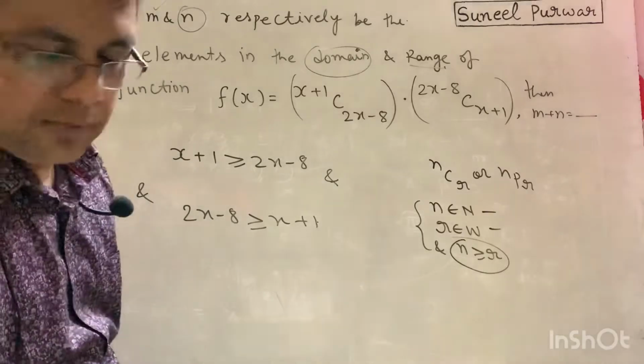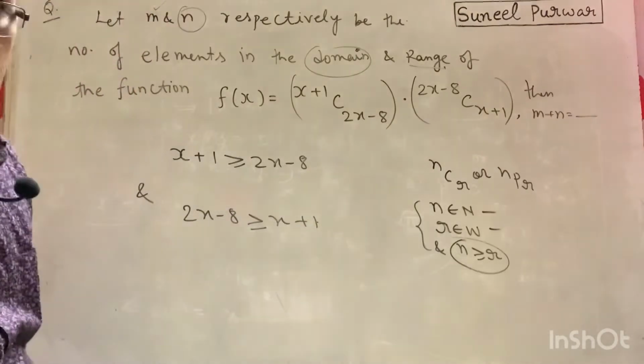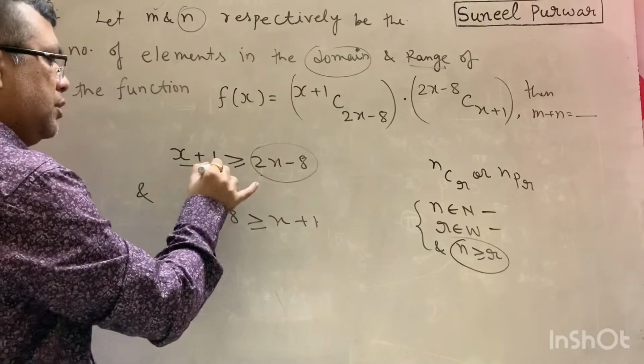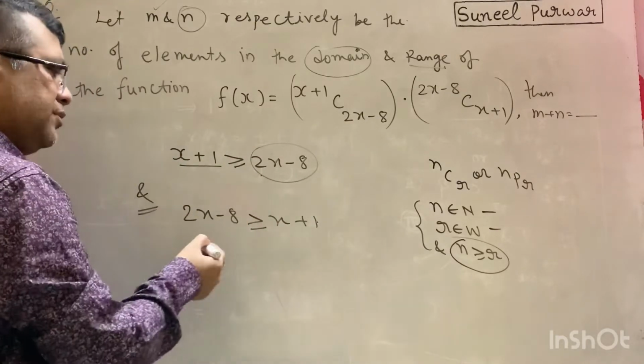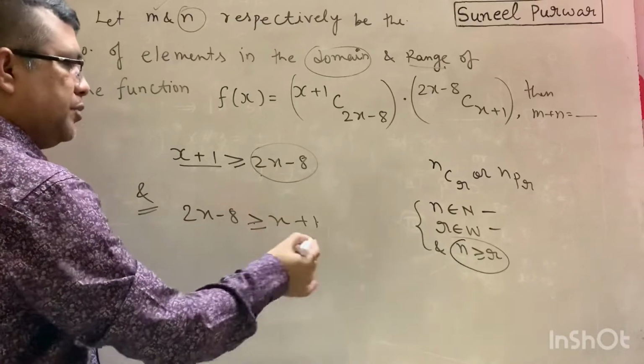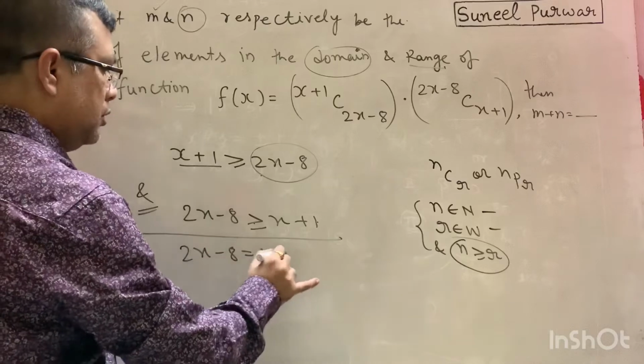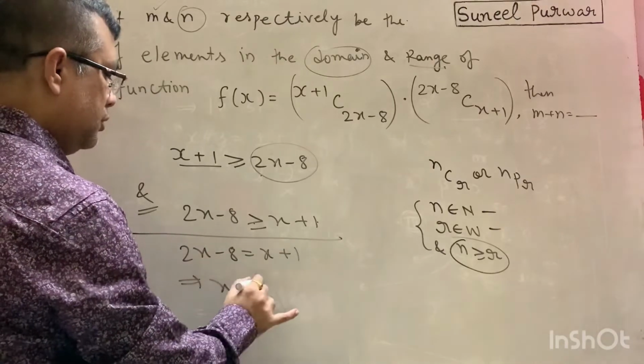So you want 2x minus 8 to be less than or equal to this number, as well as you want it to be greater than or equal to x plus 1. So there is only one possibility: 2x minus 8 is equal to x plus 1. This means x is equal to 9.